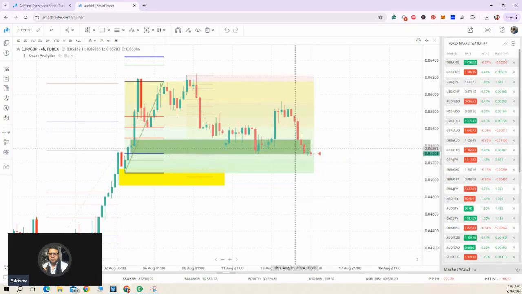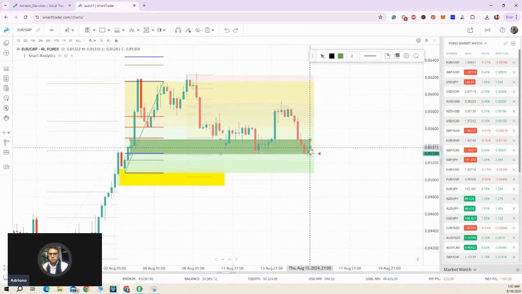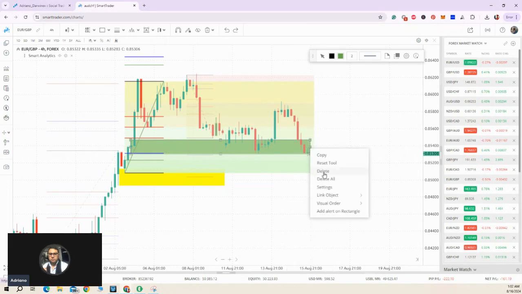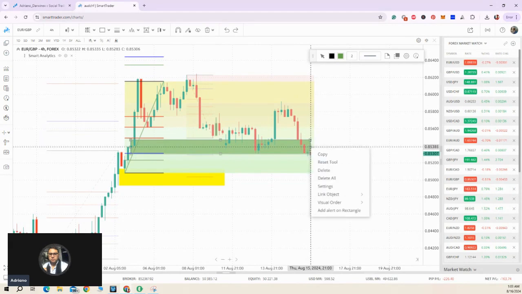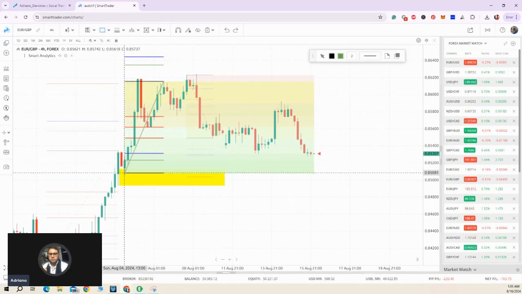So right now, even if this zone works, for me it's not valid anymore because it's already violated. I mean, if the candle breaks the zone by at least one pip, for me it's violated, so it doesn't work anymore. So I'm gonna delete this, and then I'm gonna wait to see if the market comes.